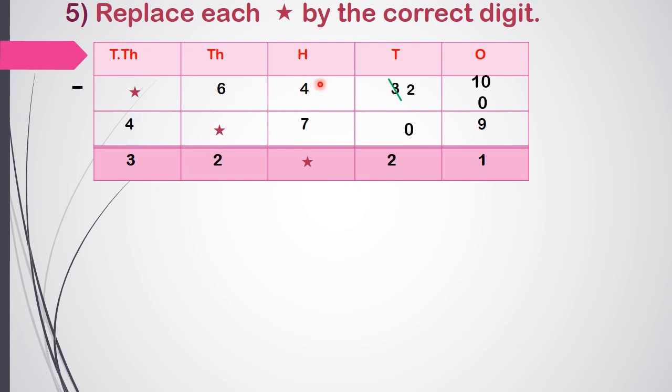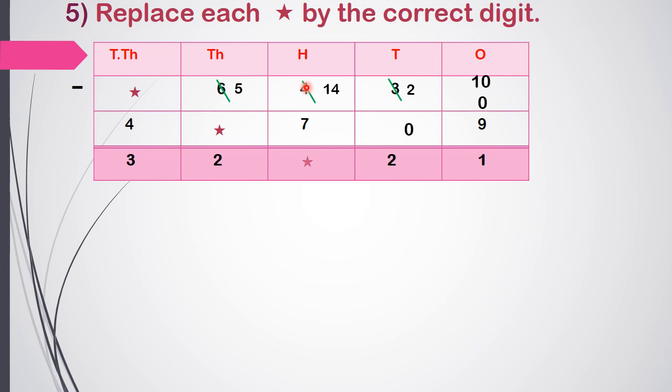Okay. Now move on to the next digit, 4 minus 7. Can we subtract 7 from 4? No. Then what will we do? Yes, we have to borrow from the previous digit. So 6 changes into 5. Here 4 changes into 14. What is 14 minus 7?